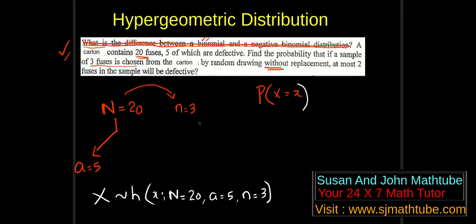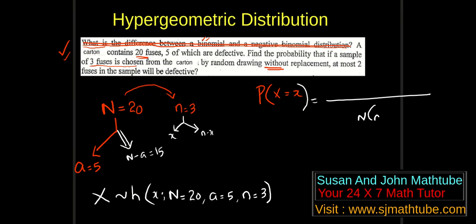And first let's complete it. So this is N minus A, that will be equal to 15, and we need x number of success. So that means n minus x will be failures. So what's the required probability? Capital N, C, small n. And the numerator will be ACx and N minus A C n minus x.